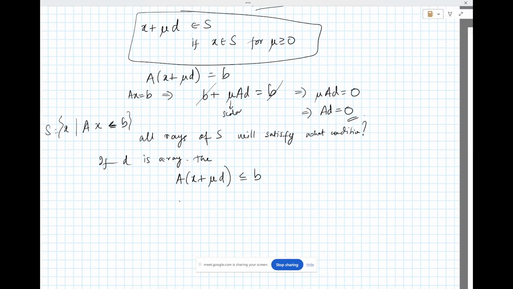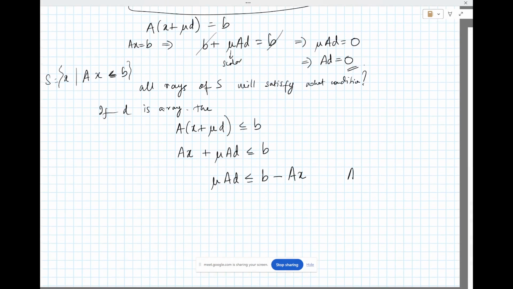So I have Ax plus mu AD is less than or equal to B. So I can take this over there, B minus Ax.